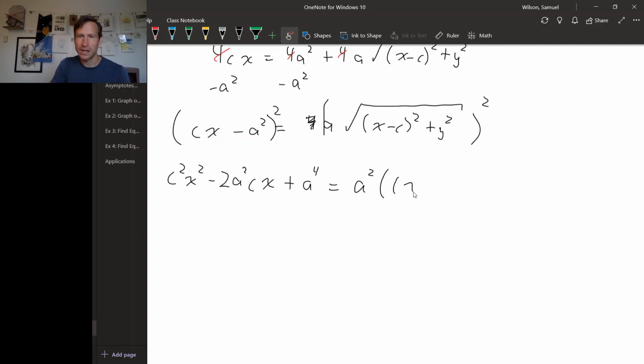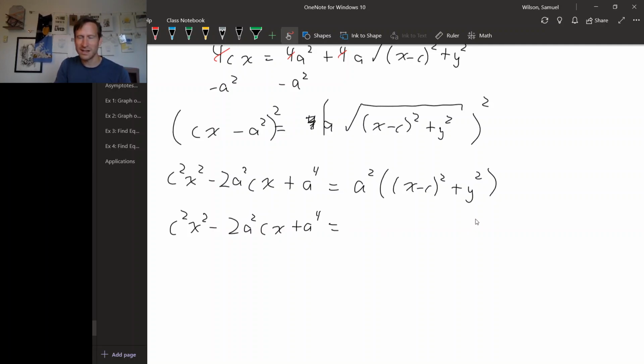So (x − c)² + y². Okay, let's leave the left-hand side alone for now. So c²x² − 2a²cx + a⁴.